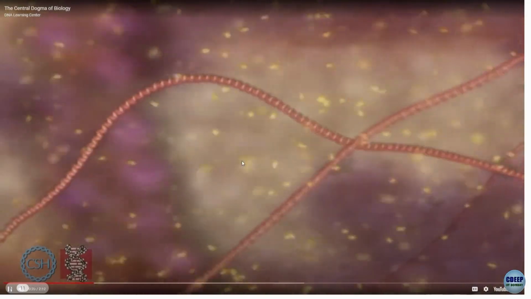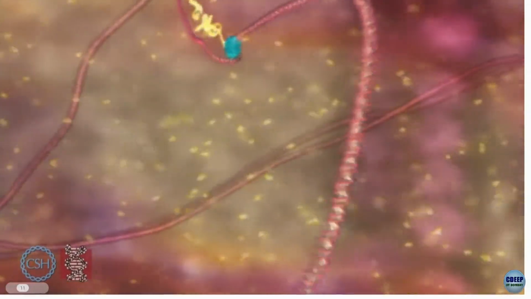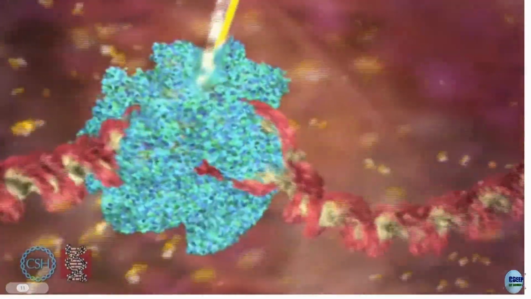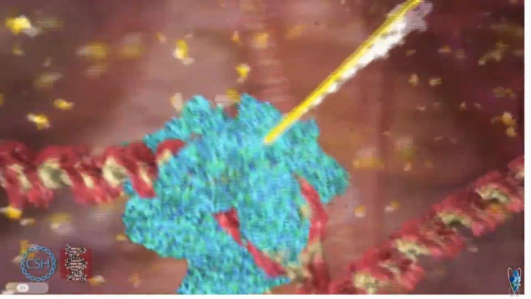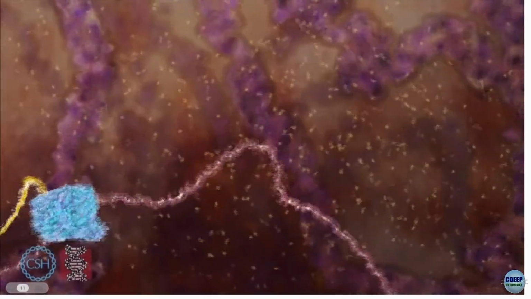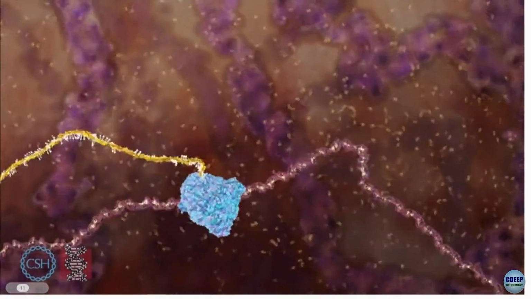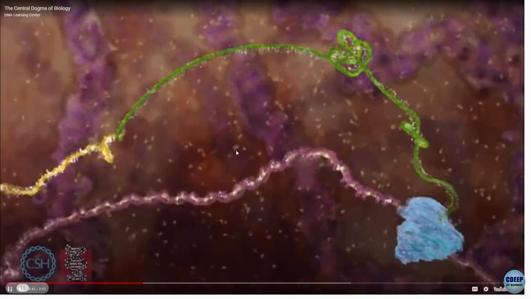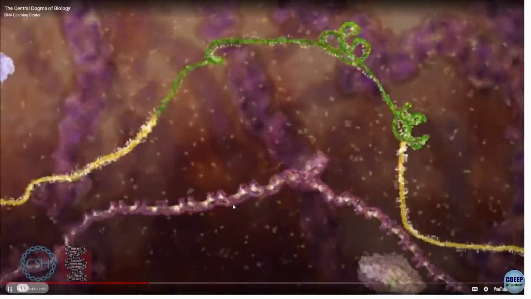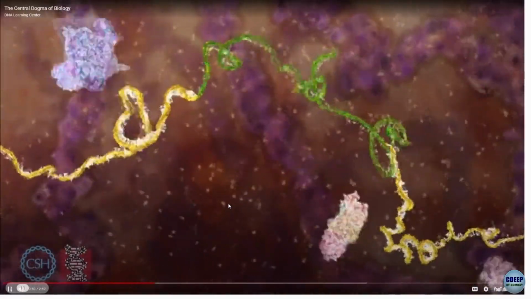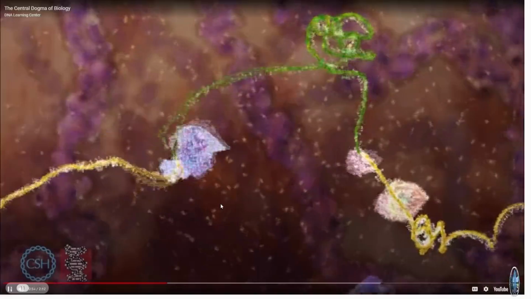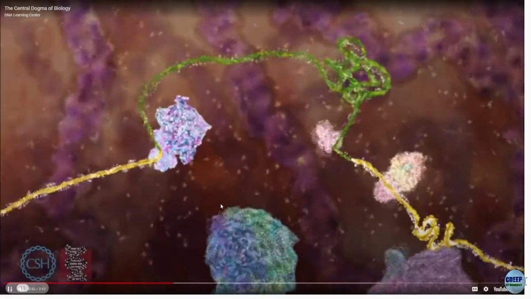The copy is made of a close chemical cousin of DNA called RNA. The building blocks to make the RNA enter through an intake hole. They are matched to the DNA letter by letter to copy the gene. At this point, the RNA needs to be edited before it can be translated into a protein. This editing process is called splicing, which involves removing the green non-coding regions called introns, leaving only the yellow protein-coding exons.